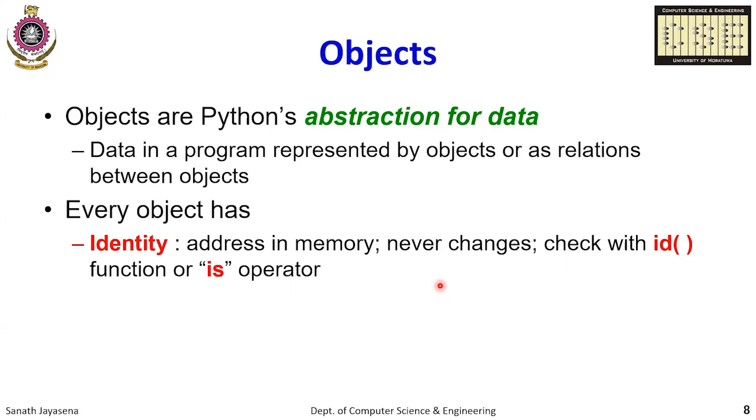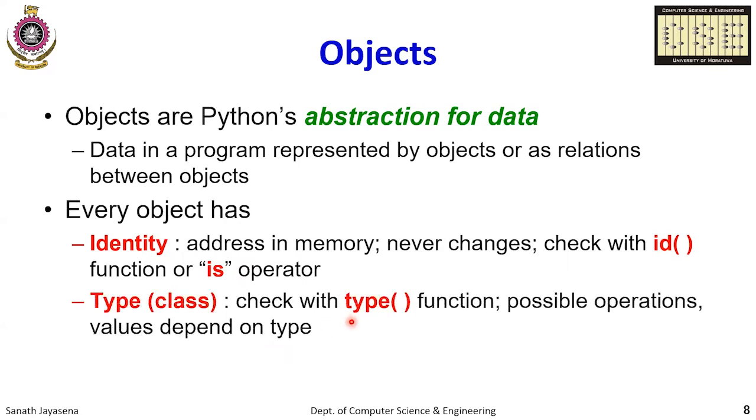If you want to know the identity, you can get it using the id built-in function of Python. You can also use identity for comparison purposes using the is operator, which we will explain later.